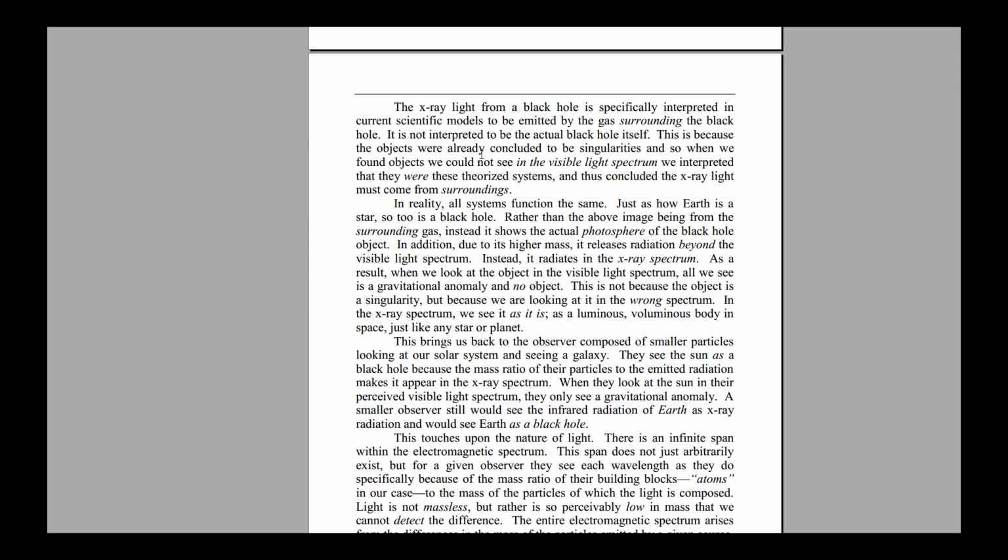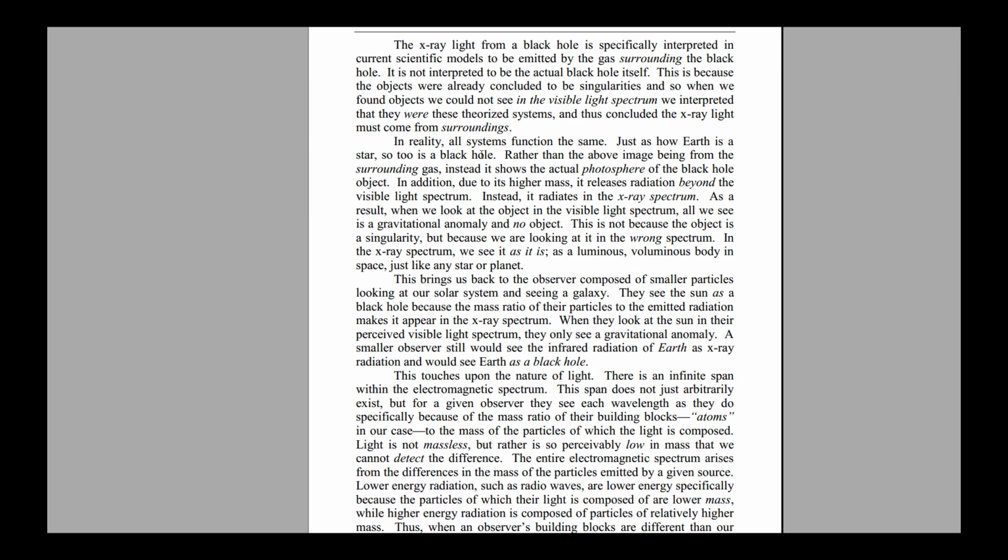Just as Earth is a star, so too is a black hole. Rather than the above image being from the surrounding gas, instead it shows the actual photosphere of the black hole object. In addition, due to its higher mass, it releases radiation beyond the visible light spectrum. Instead, it radiates in the X-ray spectrum.